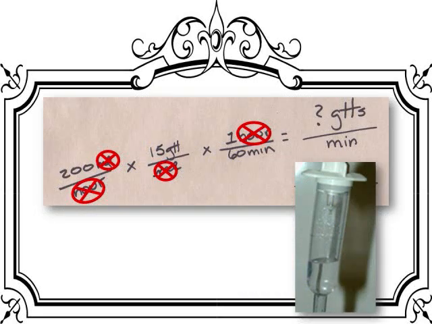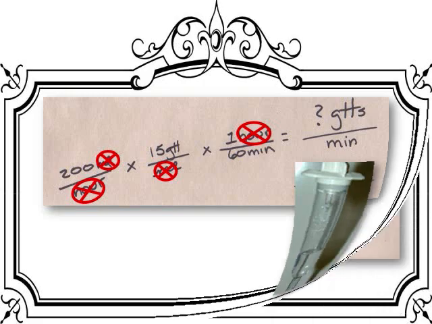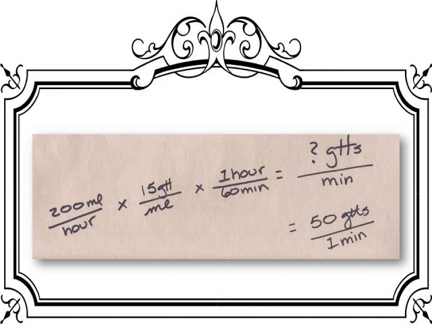We add the 200 milliliters per hour so that hours cancel out, milliliters cancel out. And here's our final formula: 200 milliliters per hour times 15 drops over 1 mL times 1 hour over 60 minutes. Our answer is then going to be in drops per minute, and it ends up being 50 drops per minute.